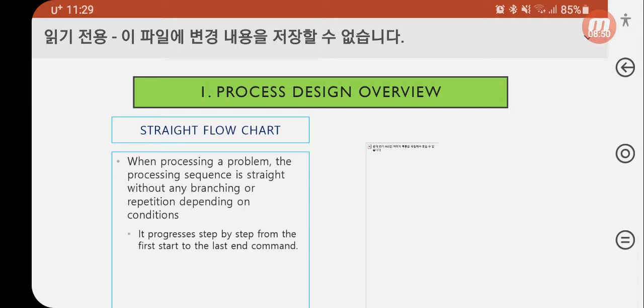And selection structure is one in which flow is branched to each processing part that meets conditions according to certain conditions. Repeat structure repeats a certain number of processing according to conditions.